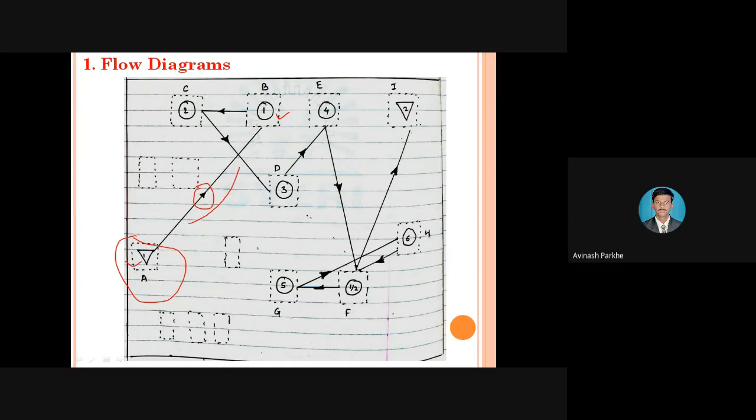Therefore, to indicate those diagrams, inclined lines are used along with arrows. These lines play a very important role. That line represents the distance traveled by that product from one location to another location.